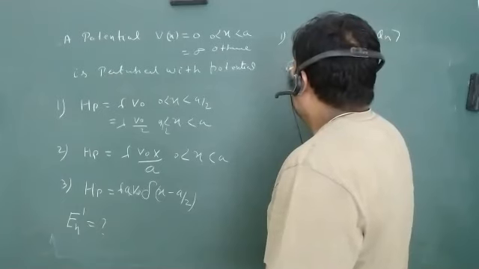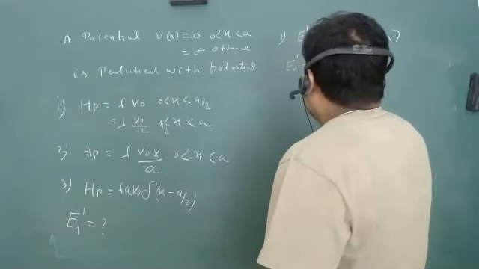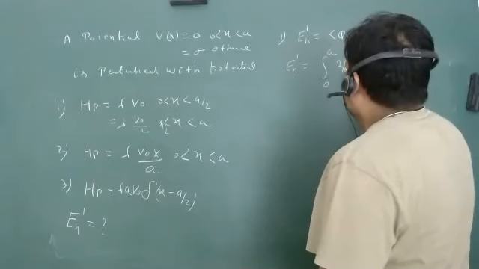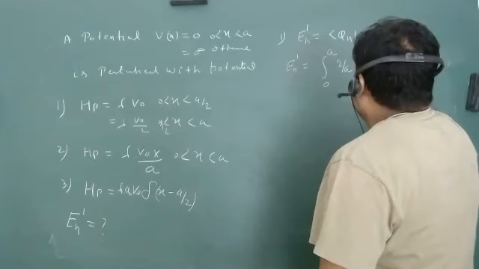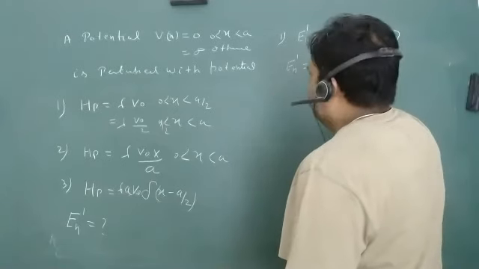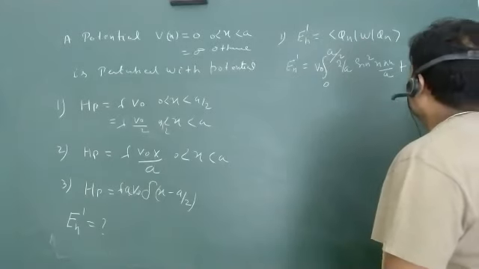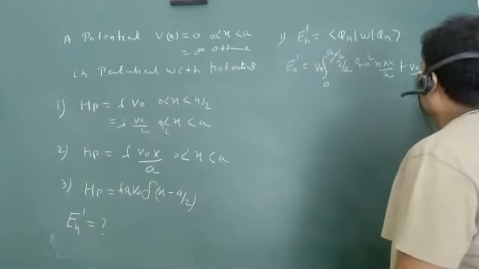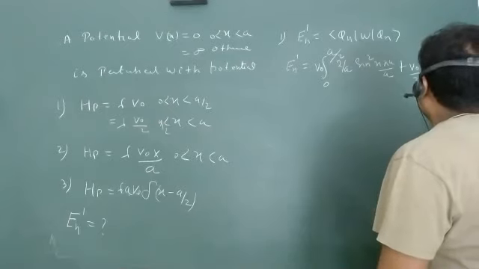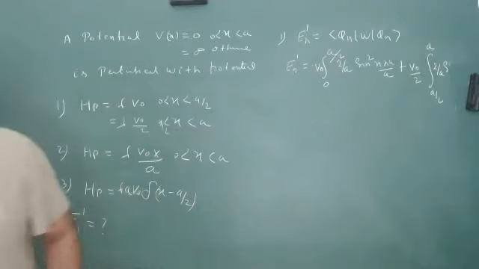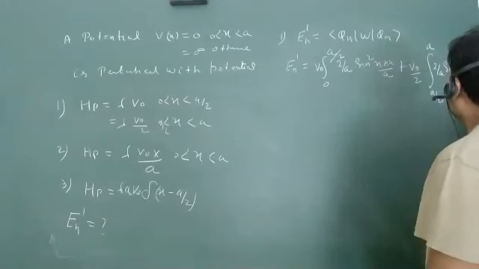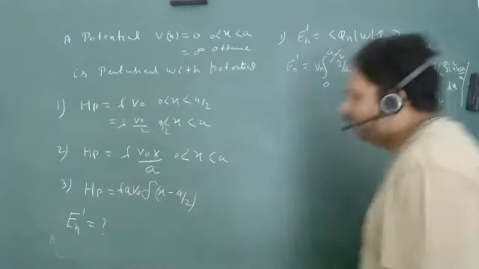So En1 is equal to the integral from 0 to A by 2 of 2 by A sine square n pi x upon A, times V naught, plus the next integration, V naught by 2 from A by 2 to A, with 2 by A sine square n pi x upon A dx.